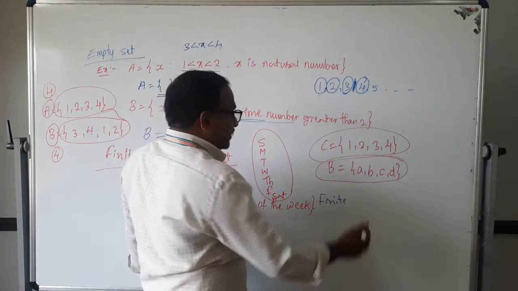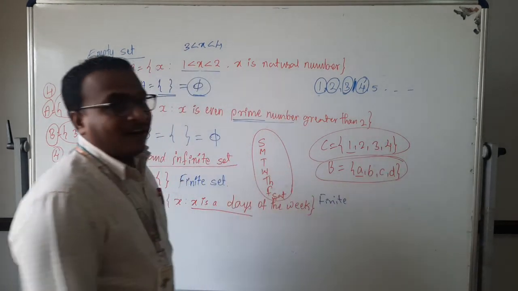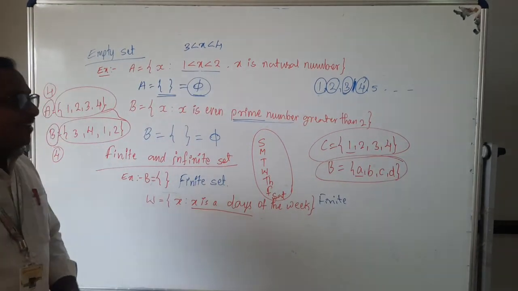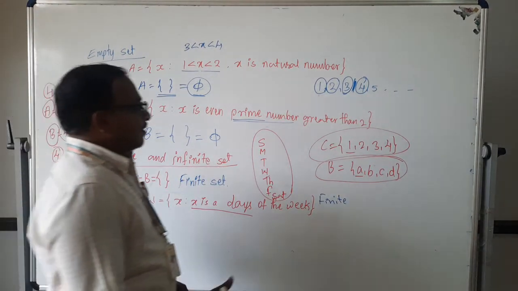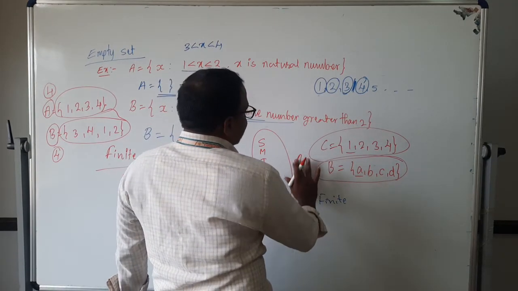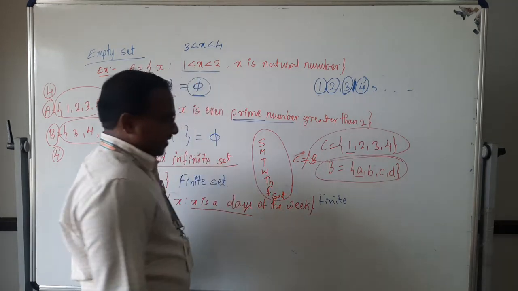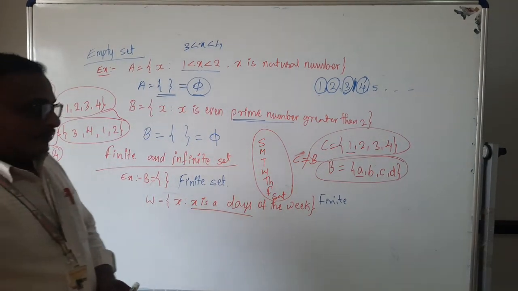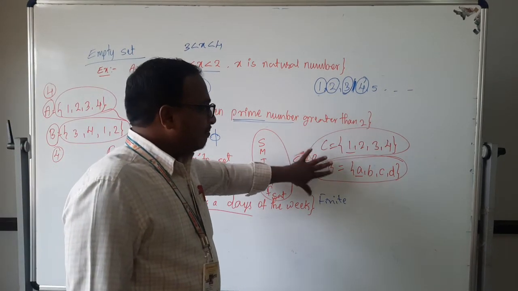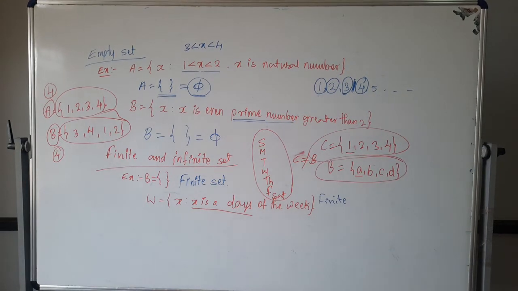No, because set C contains different elements and set B also contains different elements. So we can say set C and set B are unequal sets. Why? Because they contain different elements. Therefore, those two are unequal sets.